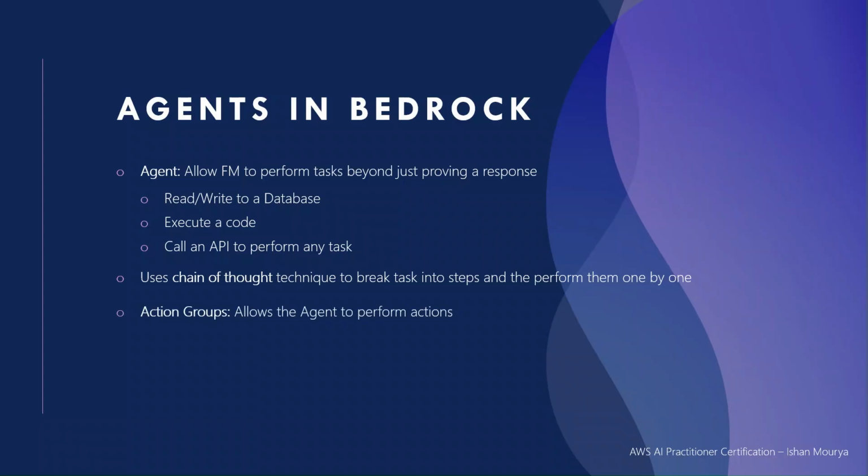So how your model is able to perform a task is the action group. Action group is the way your agent is performing any task. Action groups actually comprise two things. One is the directory and one is the executor. The directory is basically the possible actions. Let's say update order status is a possible action, right?